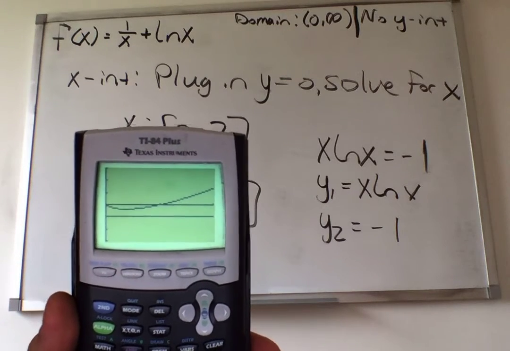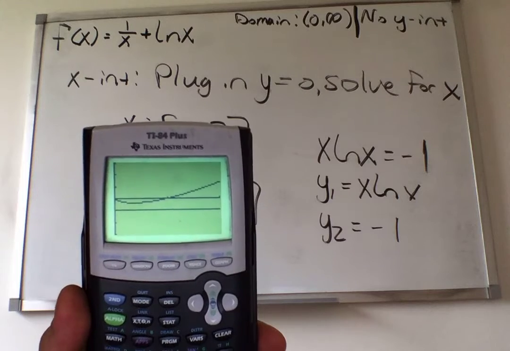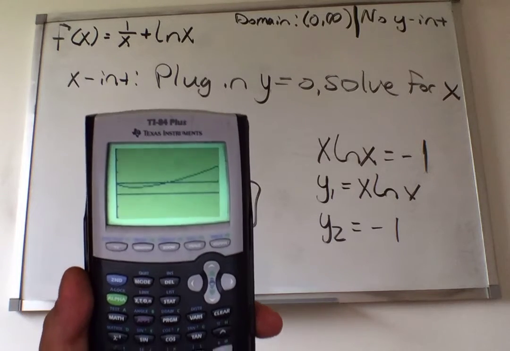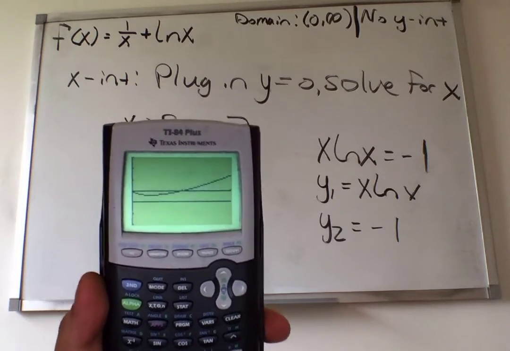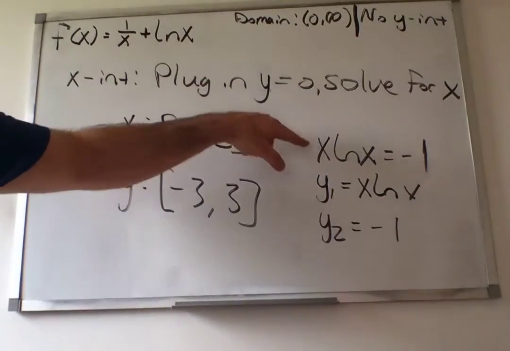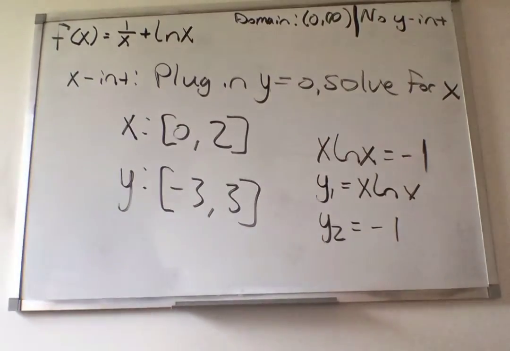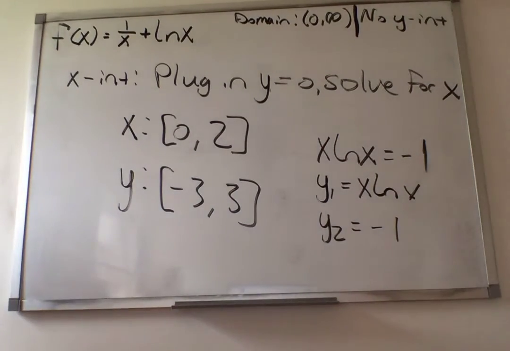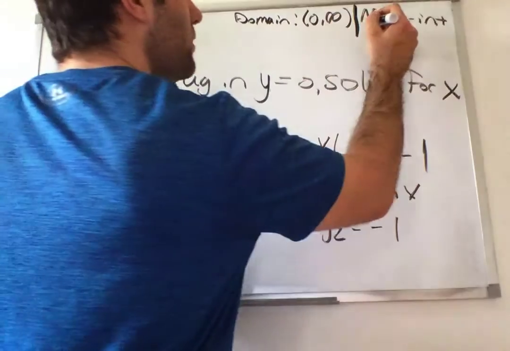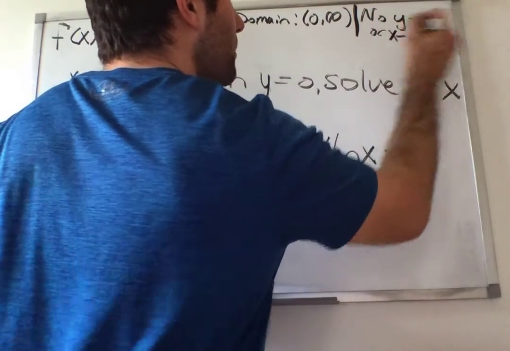As you can see, there is no intersection point. Therefore, this graph never has an x-intercept, because if it did, we would be able to solve this equation for an x value such that when we plug it in, it equals -1. We cannot do that, so this also has no x-intercept. No x-intercept and no y-intercept.